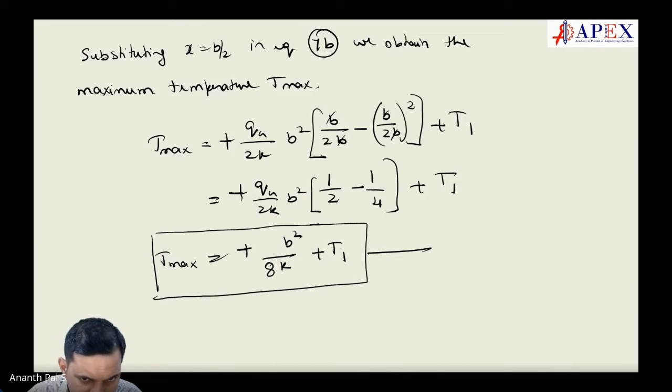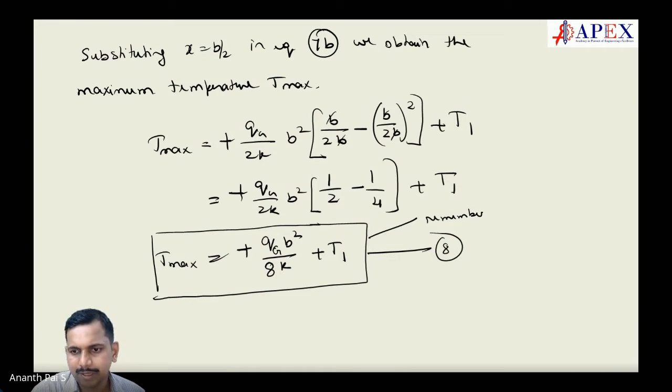Because it's easier to remember and is asked a number of times. Qg b square by 8k plus T1, when both sides are same. Very important.